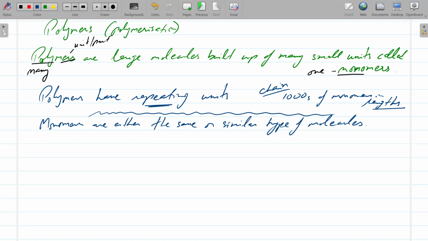How is this relevant to us? Have you ever heard of polythene? No. How about nylon or perspex? Oh, nylon, yes. Those are all polymers, and they're all based, or pretty much organic polymers.